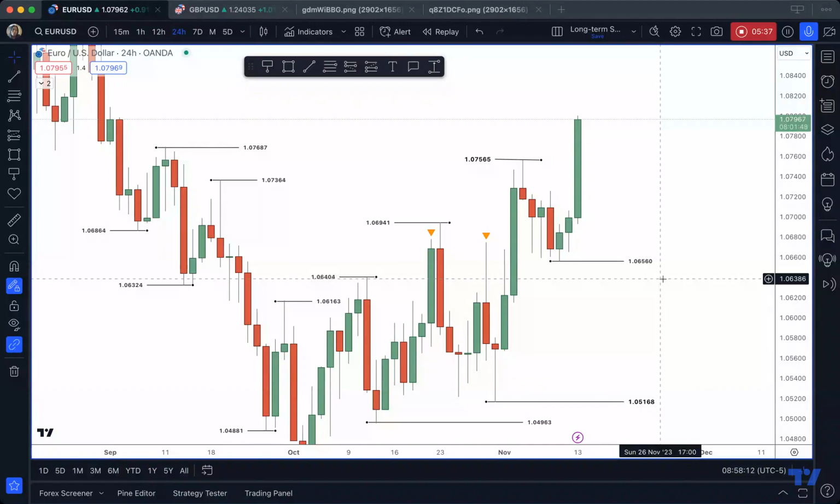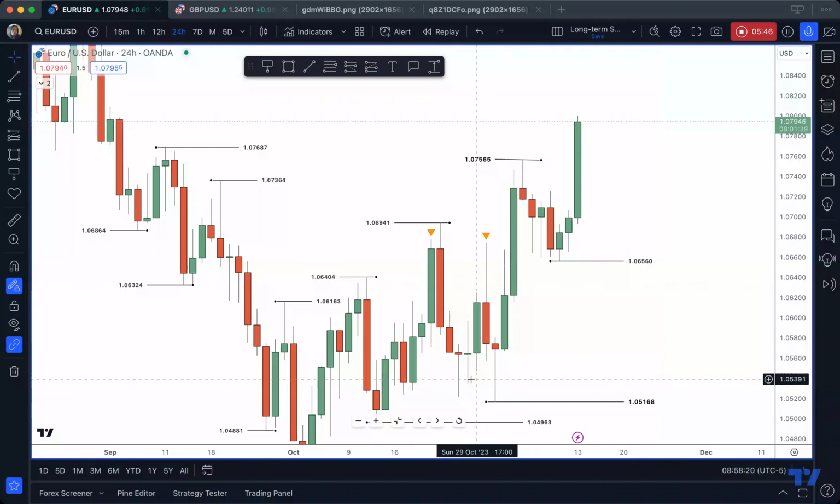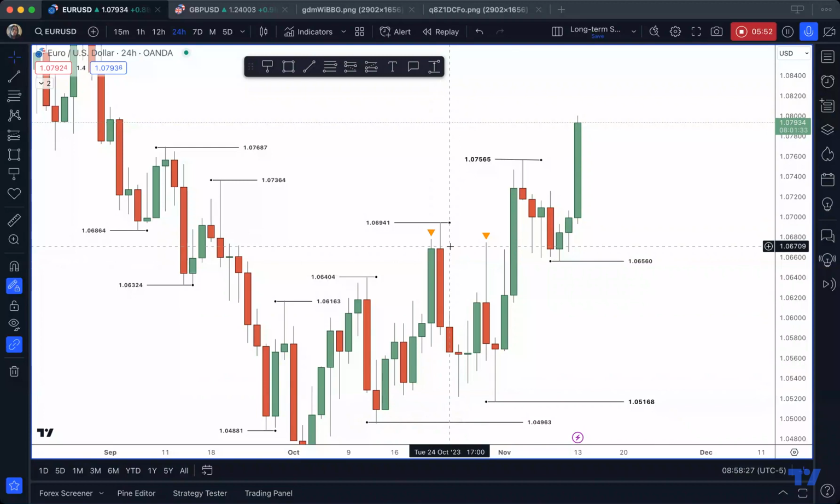Am I personally buying right now? No. I don't buy when price makes new highs. I want to buy at a discounted price. Just like price had a discounted price the week before last when it made a new high at 1.06941. So we're going to look for the same thing to happen again.